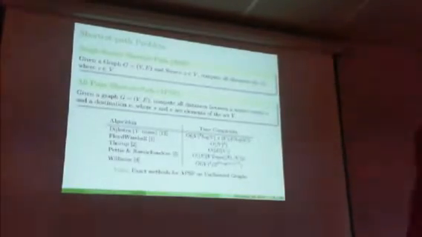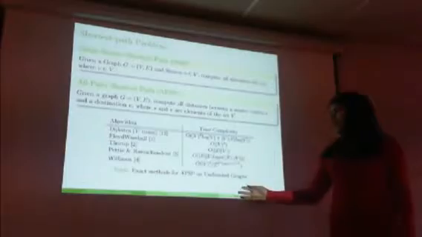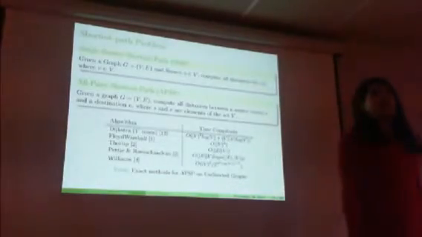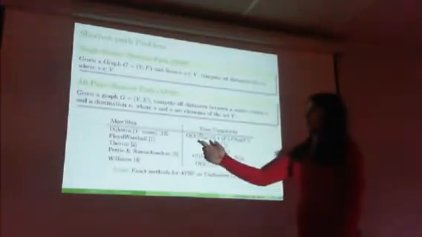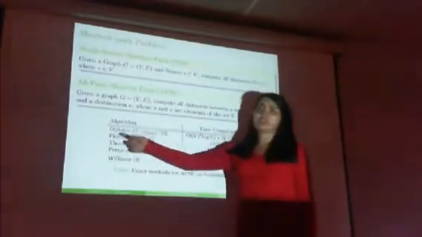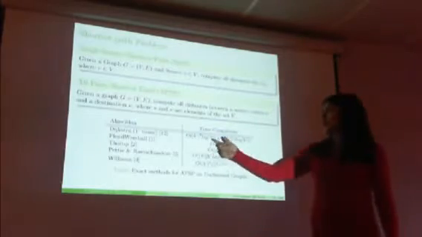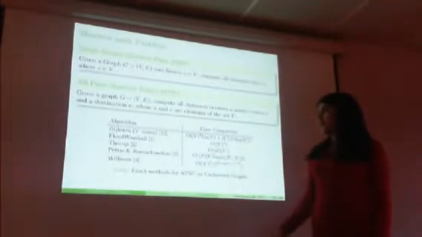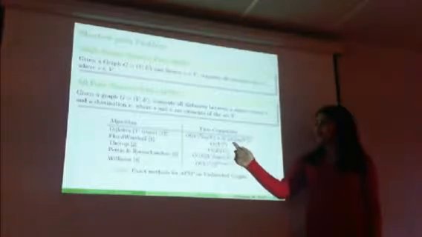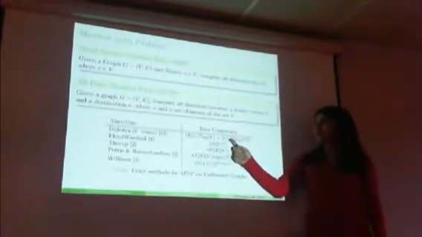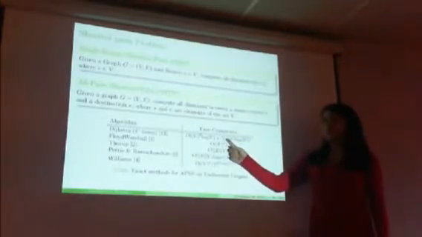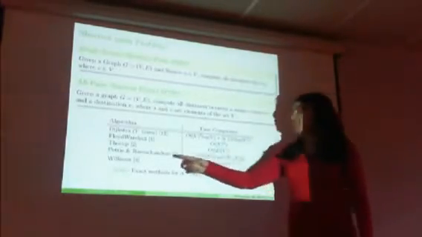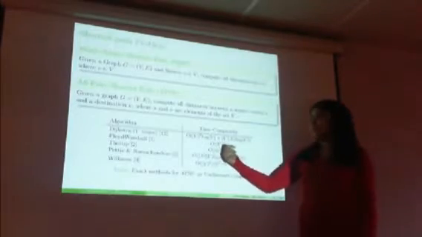There are some exact methods in the literature that try to find the shortest path between all the pairs in the graph. We can apply Dijkstra V times, which takes this time complexity, but if we have a dense graph, the number of edges would be the square, power 2, of the number of nodes in the graph, and then Floyd-Warshall suggested another faster way.